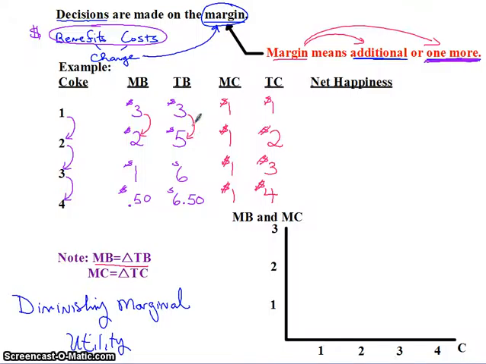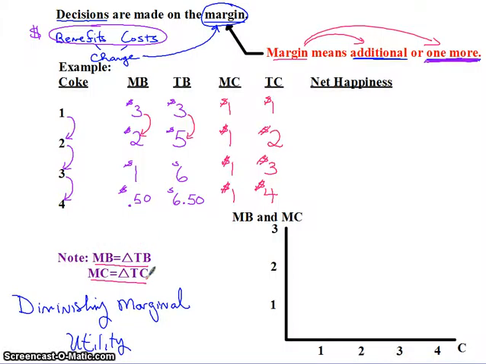The change in total benefits was 2, which is the margin. Same thing on the cost side. The marginal cost is the change in the total cost. Change in the total cost was 1. There it is. Okay, so mathematically, the margin is just the change in the total.